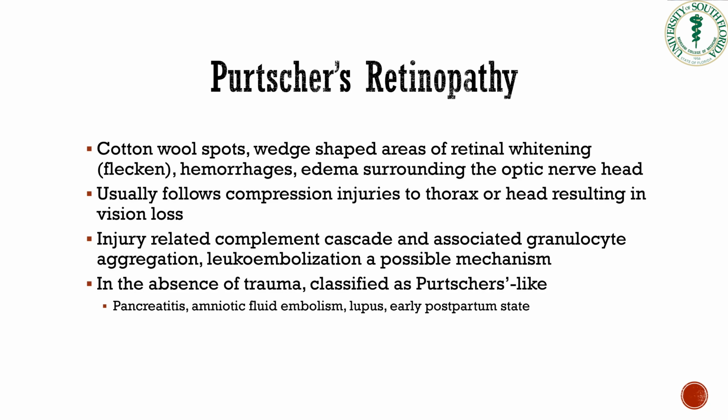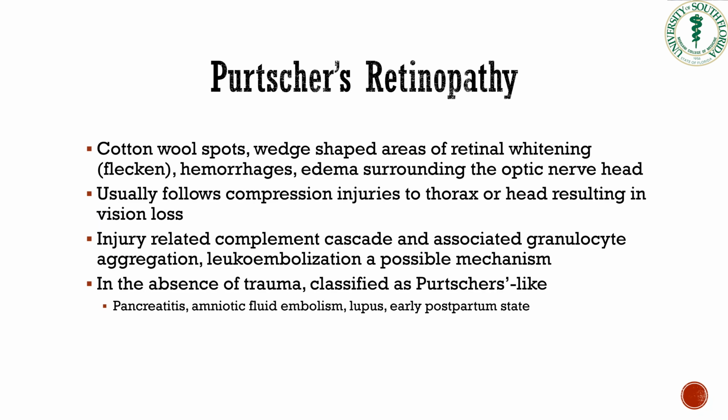It's usually associated with compression injuries to the head or thorax, resulting in vision loss. This does trigger a complement cascade where we see aggregation of granulocytes that also lead to leukoembolization. In the absence of trauma, it is technically classified as Purtscher's-like, and most patients honestly don't present with the characteristic trauma.